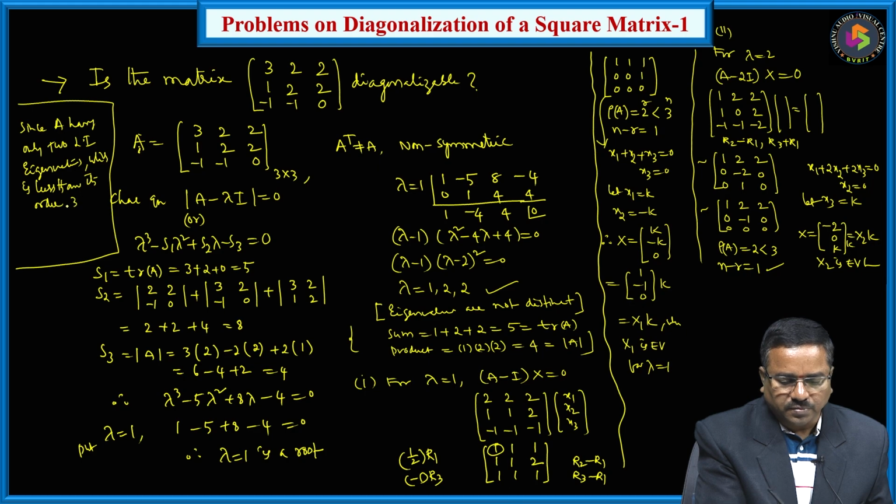What is the order? 3. Therefore A is not diagonalizable.